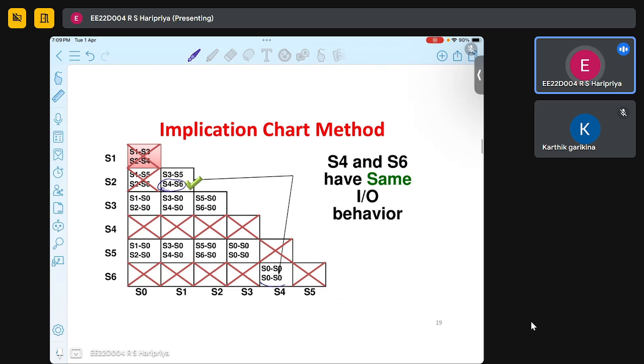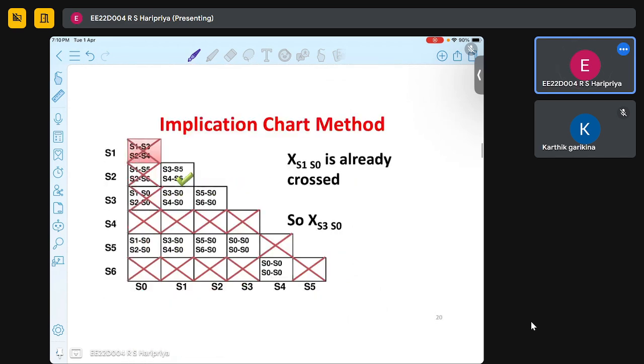S4 and S6, this is already equivalent. S3 and S5 are also equivalent. This is equivalent, this is equivalent. So that means this is equivalent.